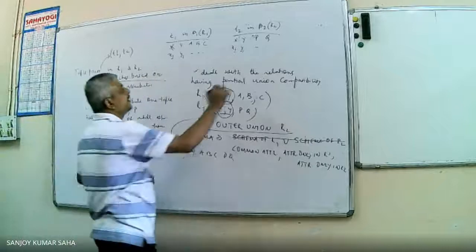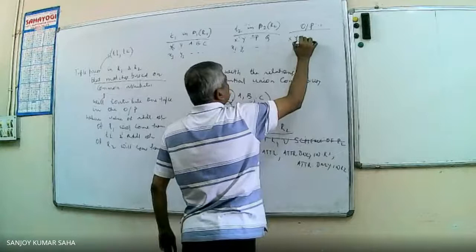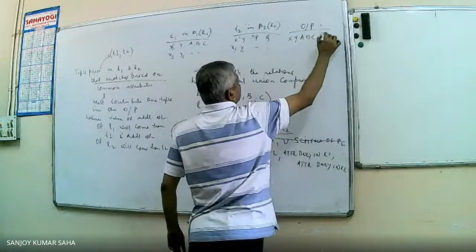So in the output, the schema is X, Y, A, B, C, P, Q.